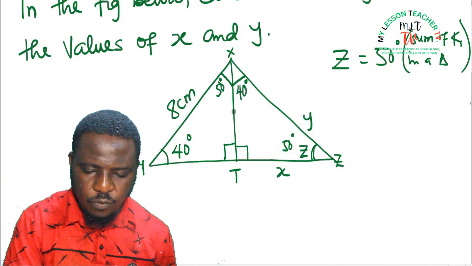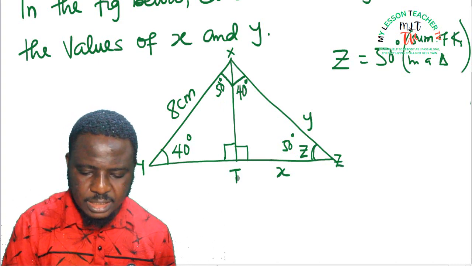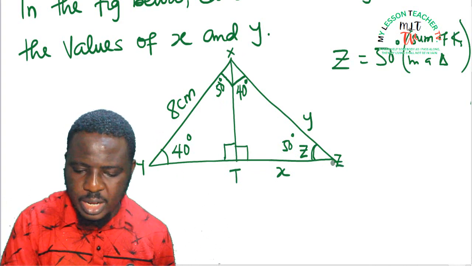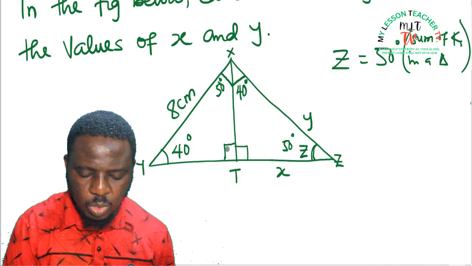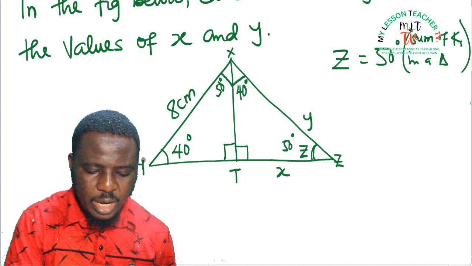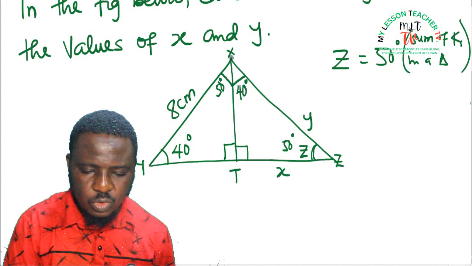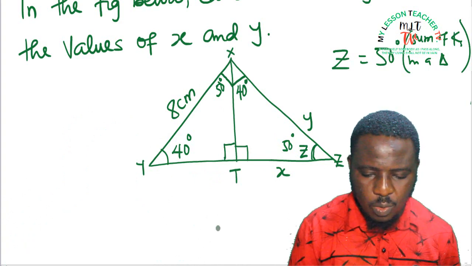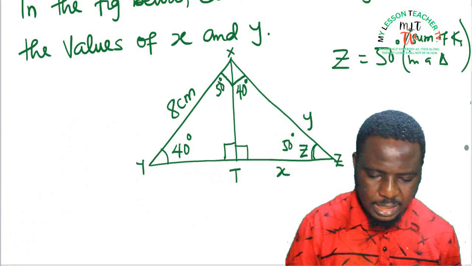Knowing fully well that side xt is common to both triangle xyt and triangle xzt, we shall use triangle xyt to get side xt, and then in turn look for our y and x.